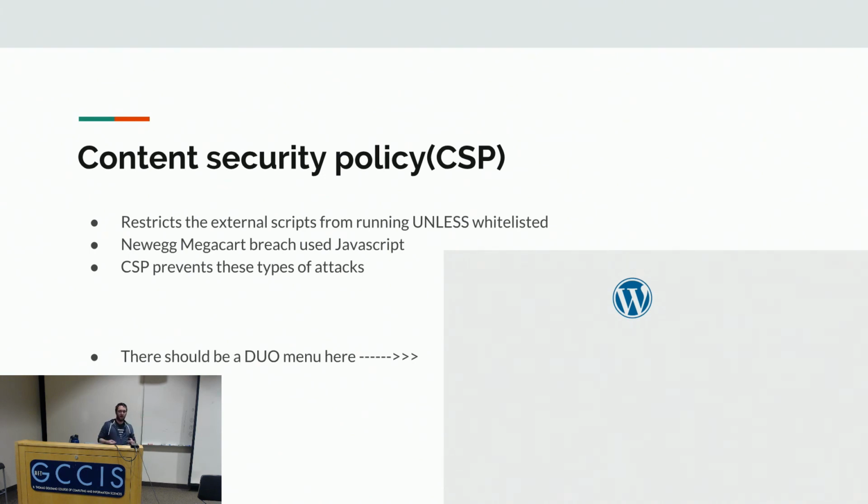They were using JavaScript to ship off the credit card numbers. That's all it was. Is that what it's called? Magecart? Maybe I have it wrong. Anyway, they were literally shipping off credit card numbers because they had malicious JavaScript on a website. CSP probably would have prevented that type of attack.